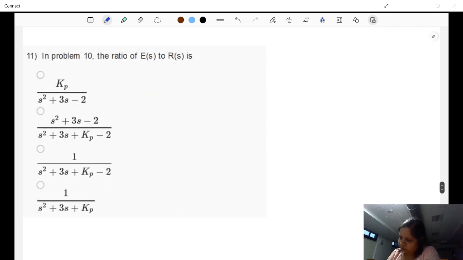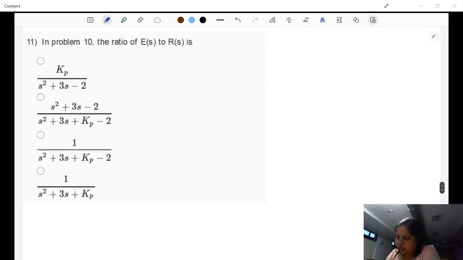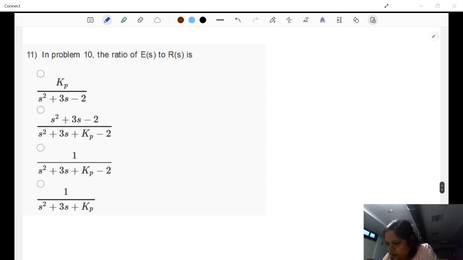Okay. We'll move to the next question. Okay, so it's saying that in problem number 10, in the last problem that we did, the ratio of E(s) to R(s) is what? So what we found out there, how do we write this?